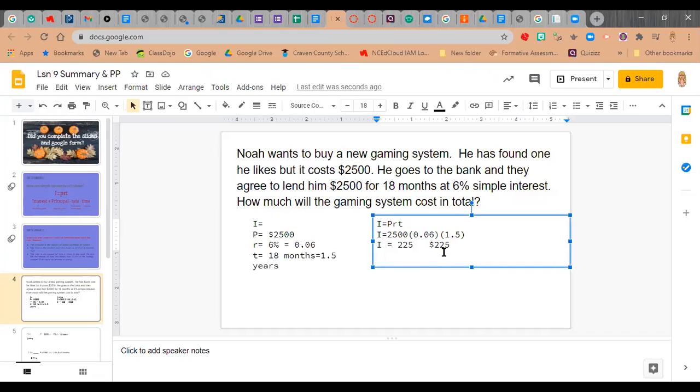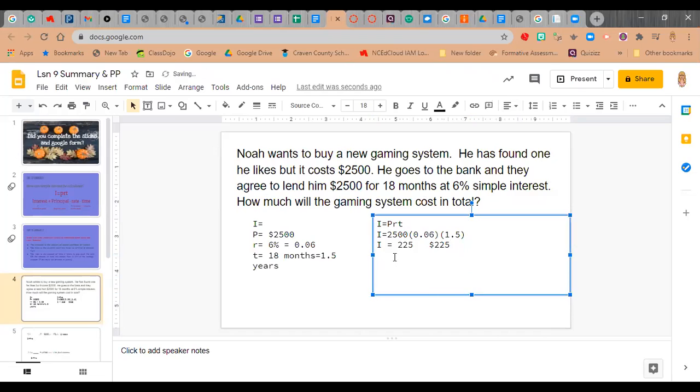Now I'm going to go back and see, did I answer the question they asked me? No. Will the gaming system cost in total? So is this 225 the total cost? The 225 is what you have to add on, not the interest.